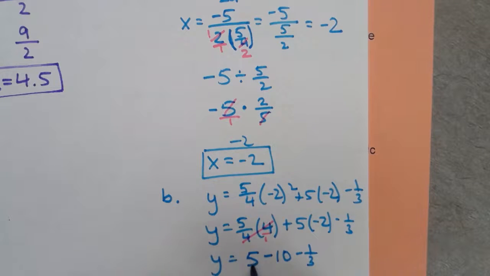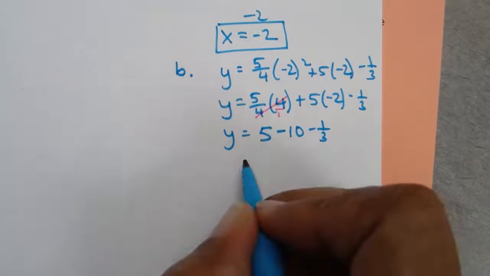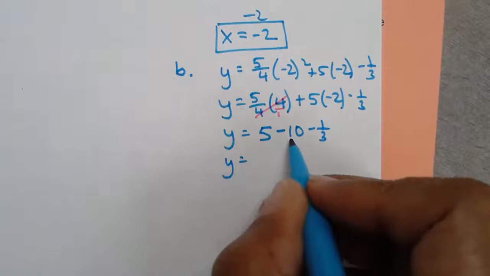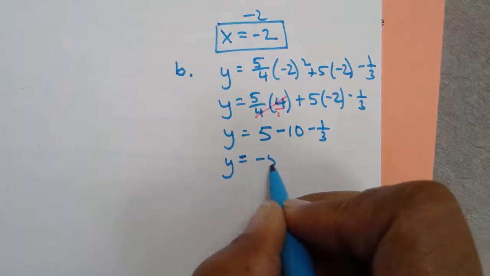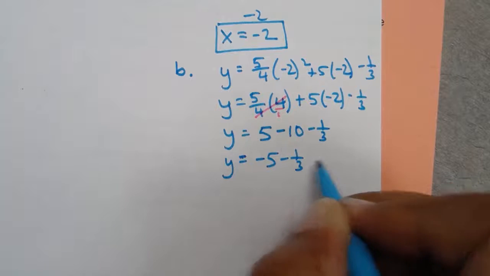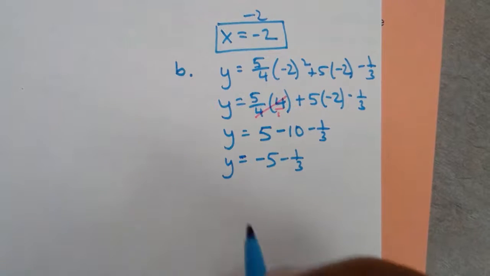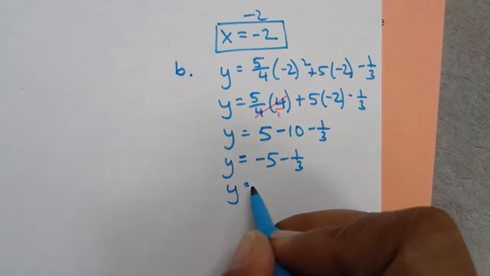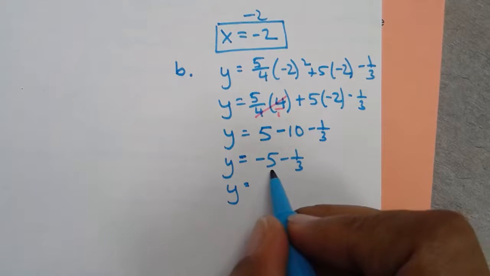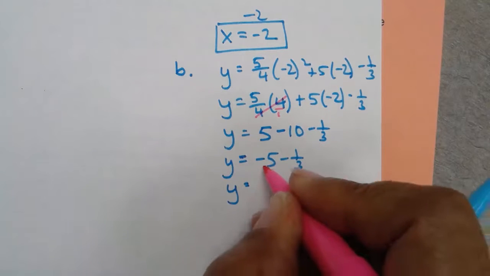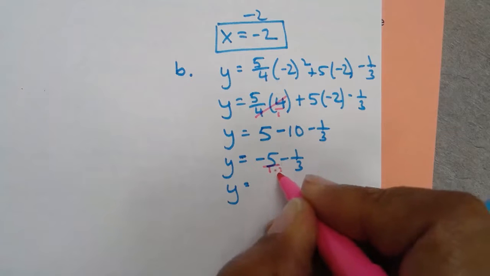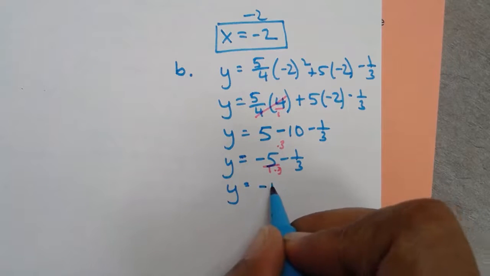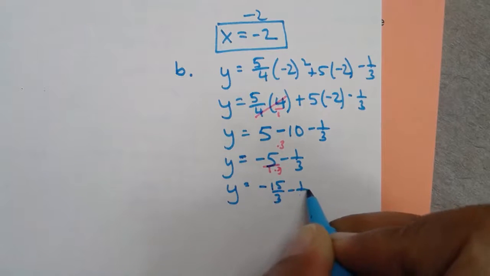All right, let's simplify this part right here. So we have y equals 5 minus 10. Well, that's just -5 minus 1/3. You need a common denominator to subtract. So I'm going to get that into a common denominator of 3. Keep in mind this has a denominator of 1 right now, so I'll have to multiply the bottom and top by 3. So I have -15 over 3 minus 1/3.